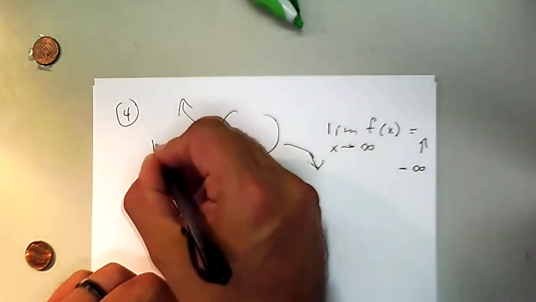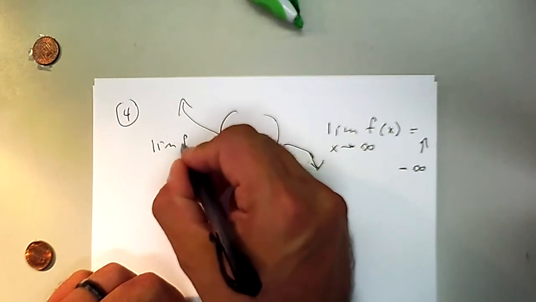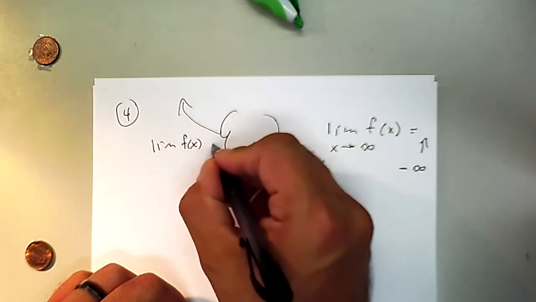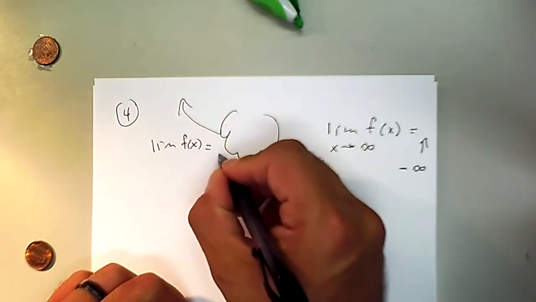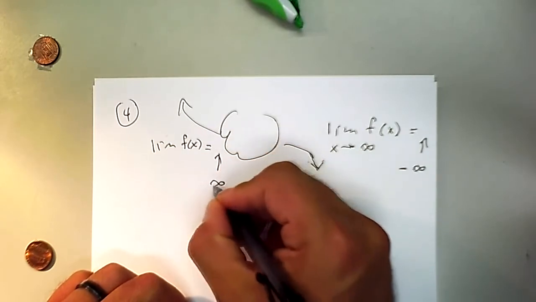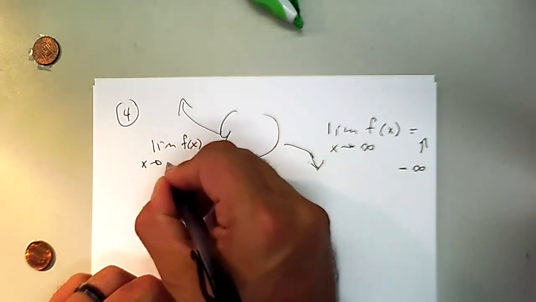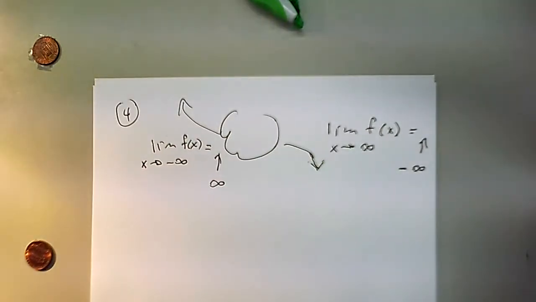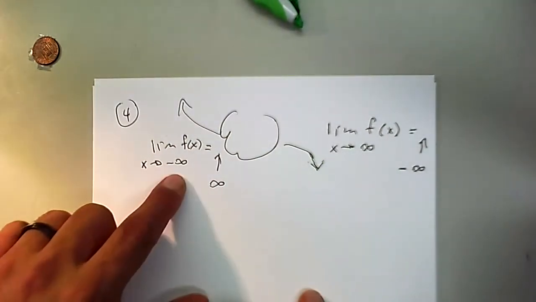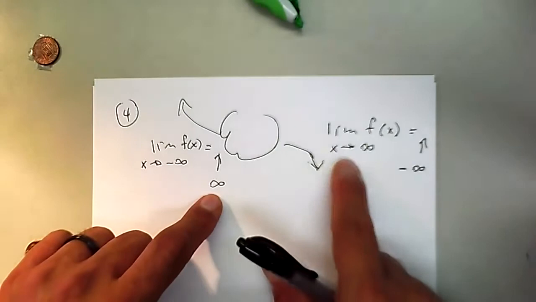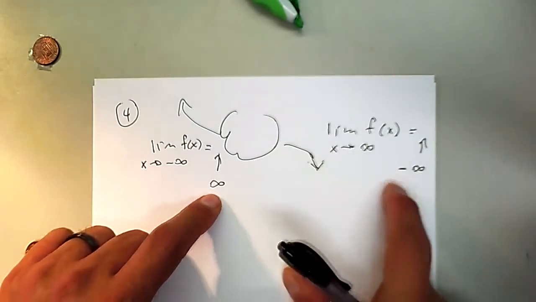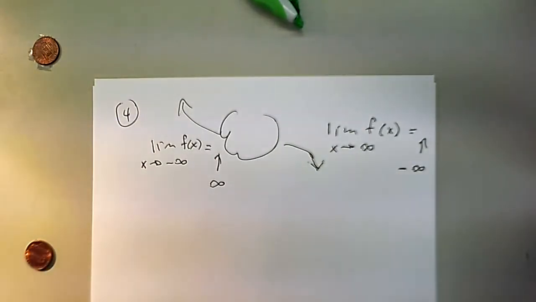And this is a limit of the function. I didn't give myself enough room to put the answer here, so I'm going to put infinity as x goes to negative infinity. Okay. So again, far left, up, far right, down. Remember those, please. They are very important.